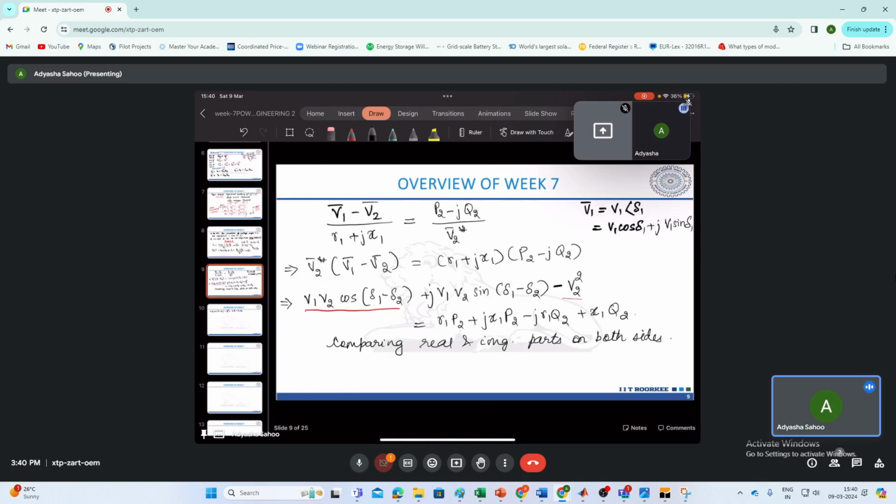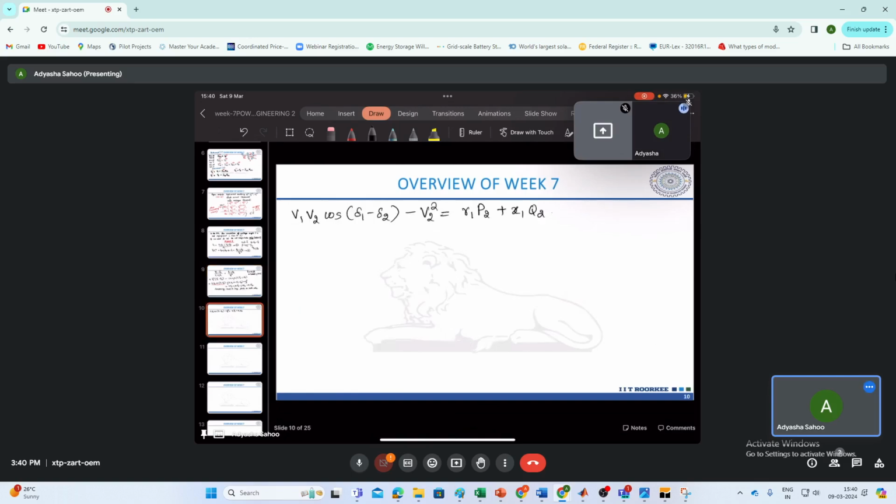What about the imaginary part? It is V1 V2 sin(delta 1 minus delta 2).